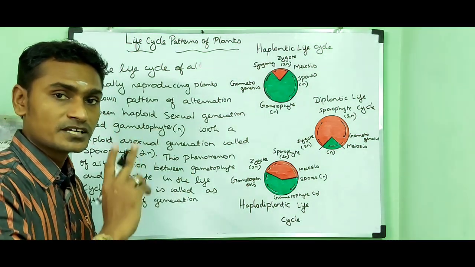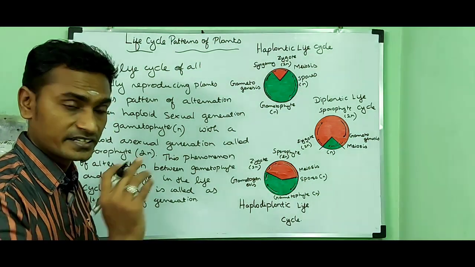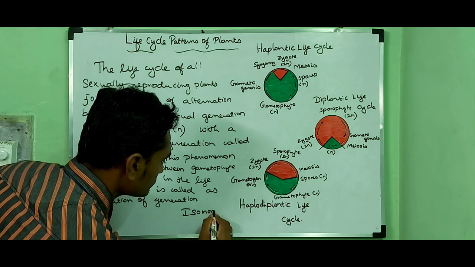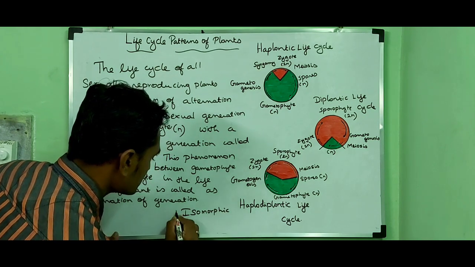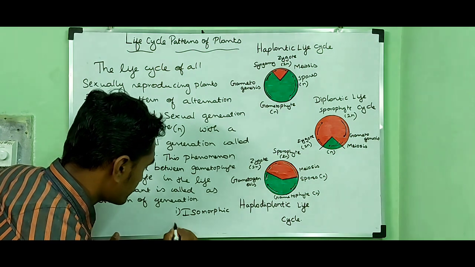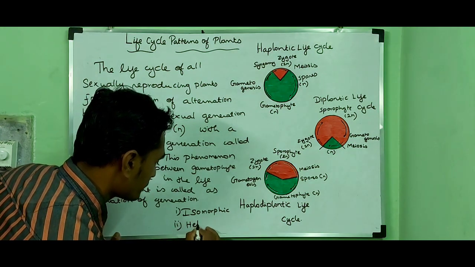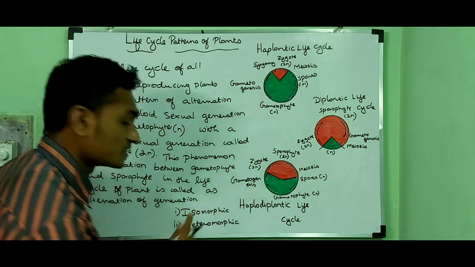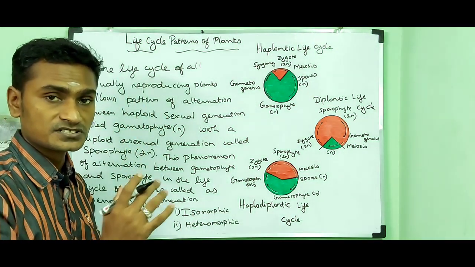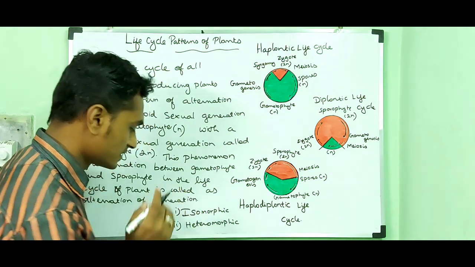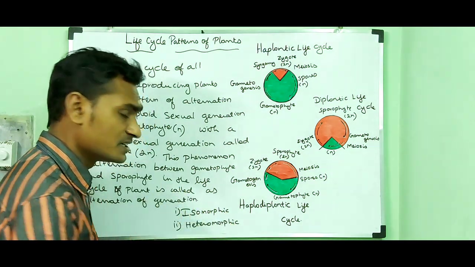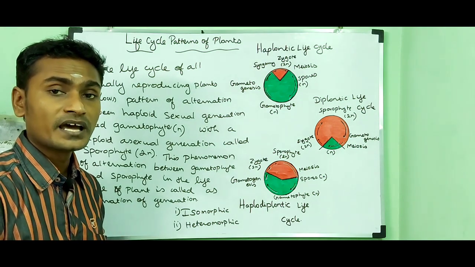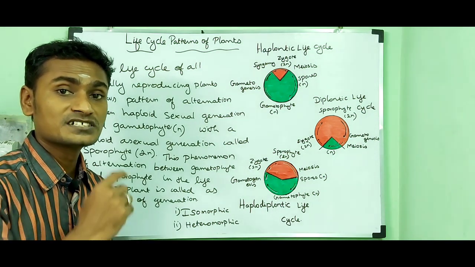And there are two types of alternation of generation. They are isomorphic and heteromorphic. Isomorphic means in the alternation of generation, the sporophyte and the gametophyte are morphologically similar.